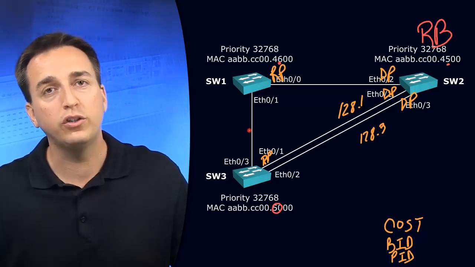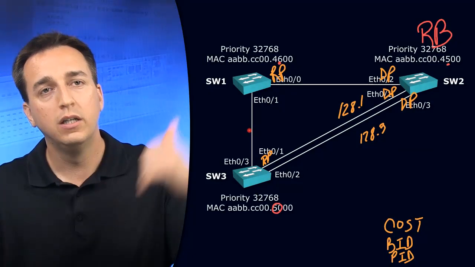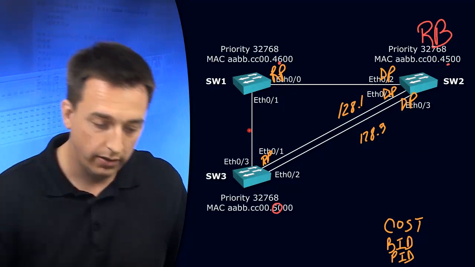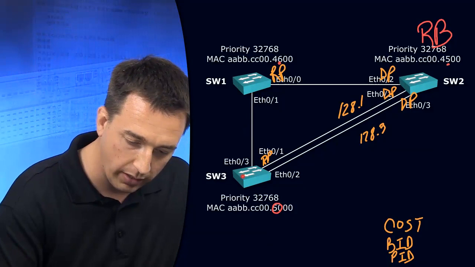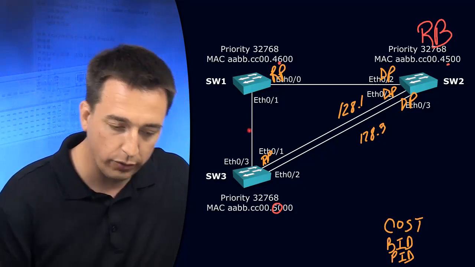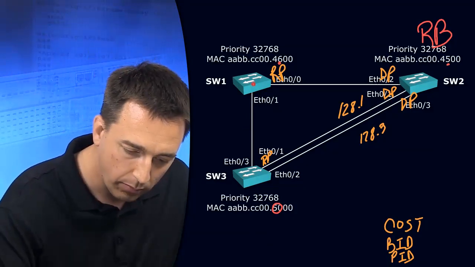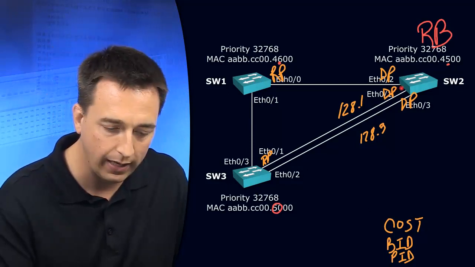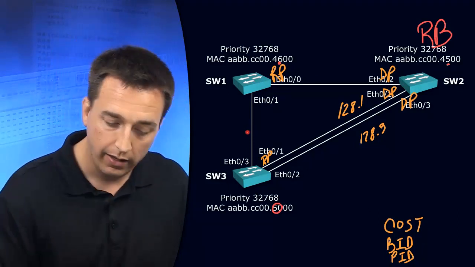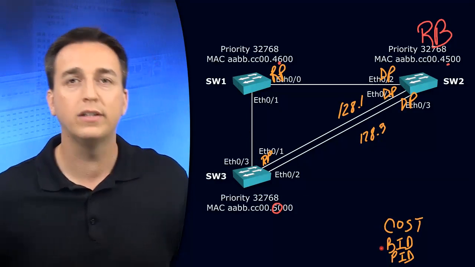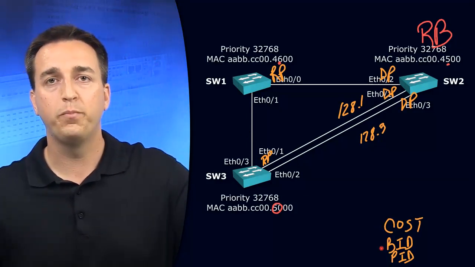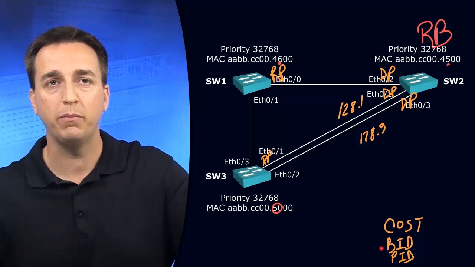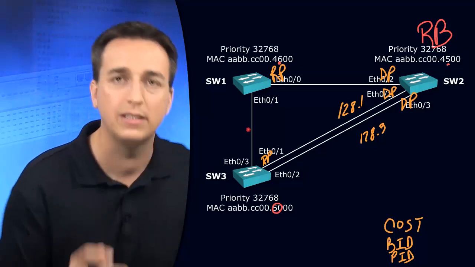Well, if we go through switch 3, the cost is 100 plus 100. If we go through switch 1, it's 100 plus 100. Oh boy. We have a tie again. So cost is tied. If cost is tied, let's look at the bridge ID of the upstream device. So that's why it's easier to stand in the middle.